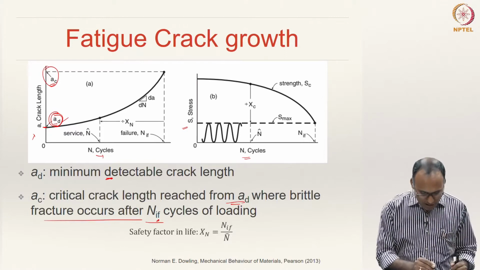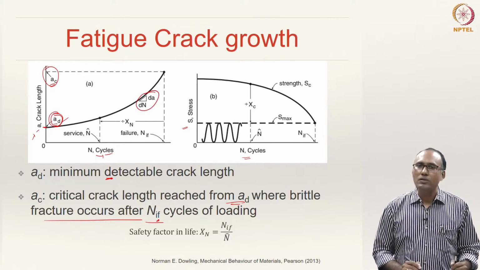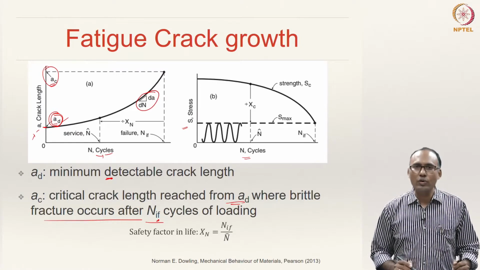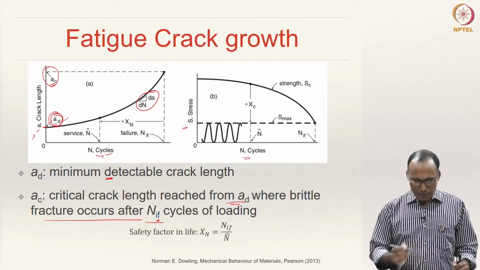Here we have A versus N, and the slope of this line is dA by dN, which tells you the crack growth rate. A is the crack length here, and N is the number of cycles.